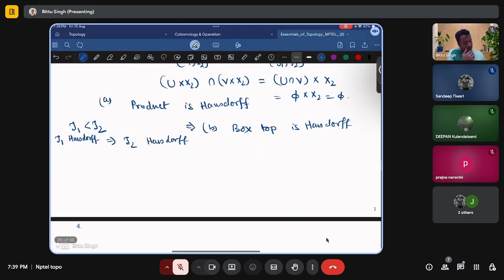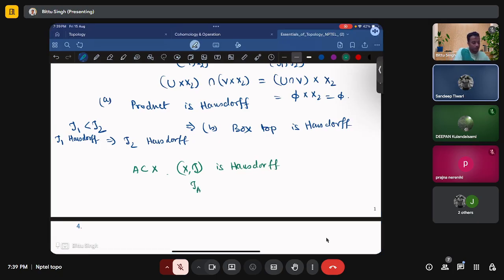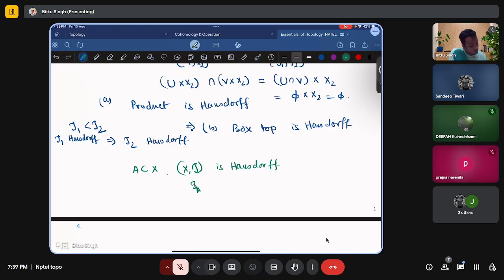Now what about a subspace? A is a subset of X, and it is given that (X, tau) is Hausdorff. What about the relative topology on A? It is true, I think, sir. Let us see. We need to show the relative topology on A is Hausdorff.